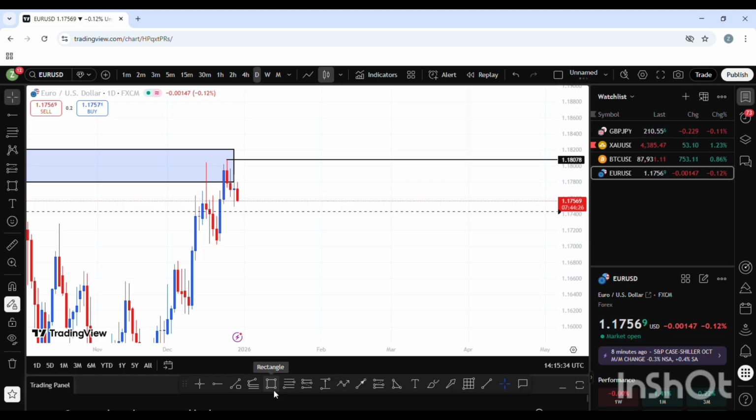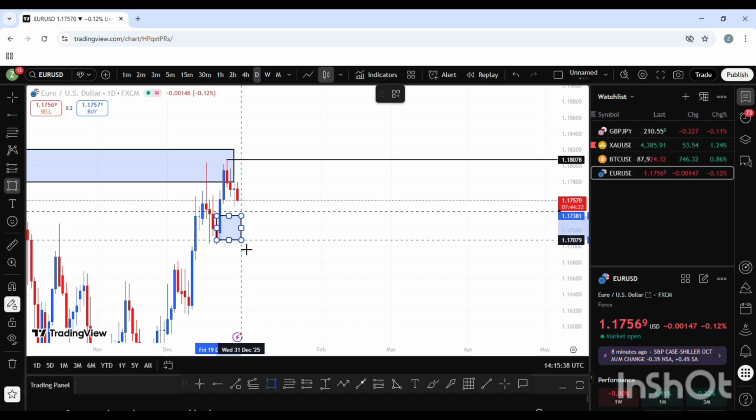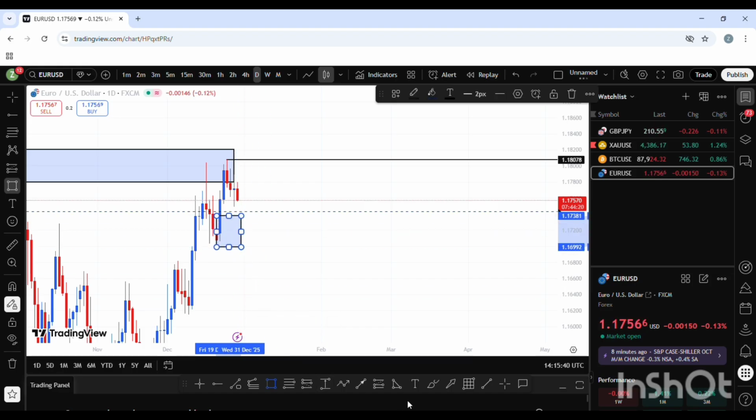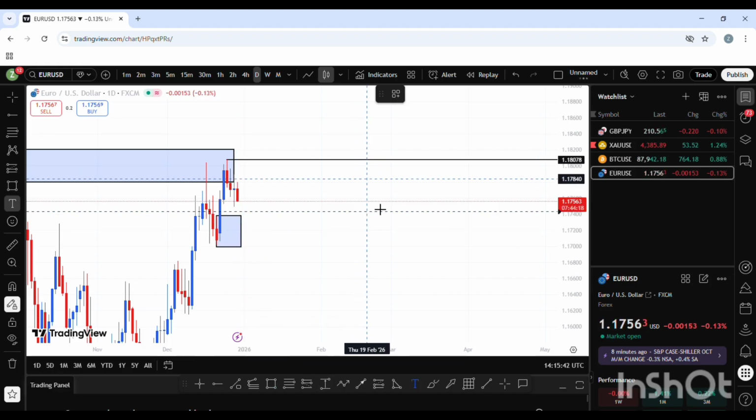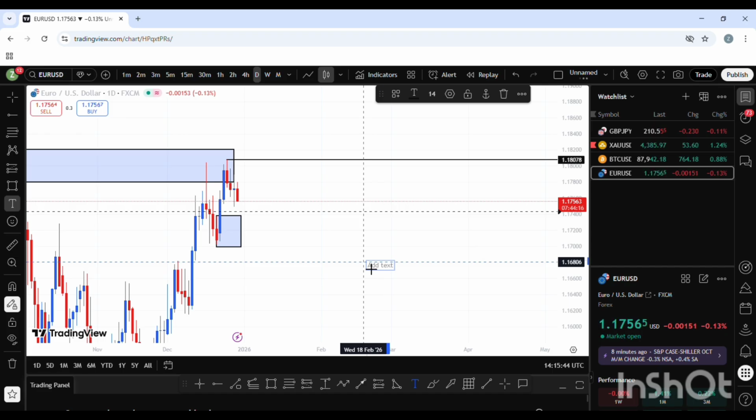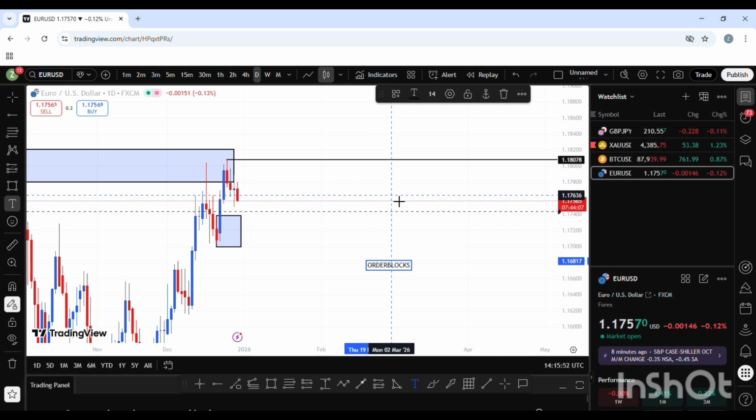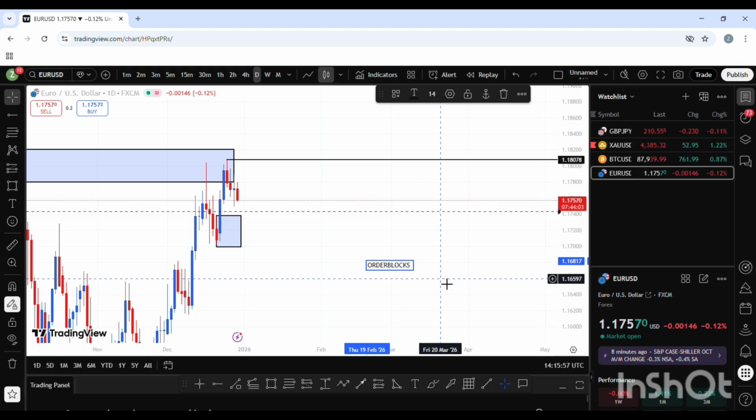Okay, so remember, we are here to map out order blocks, and this is what we call an order block. You see what I'm mapping? For an order block to be valid, it must have an FVG, or fair value gap. Some people will call it fair value gap, others will call it imbalance, and it's one and the same thing.